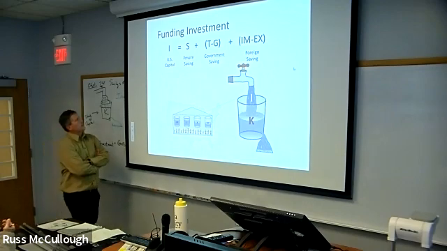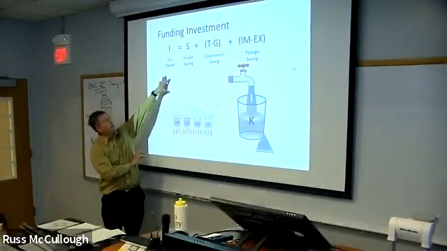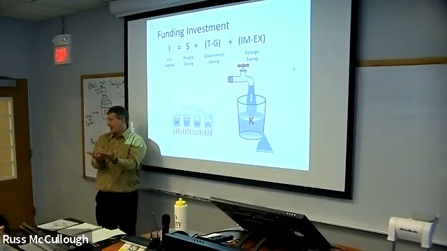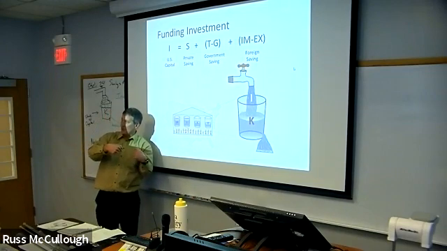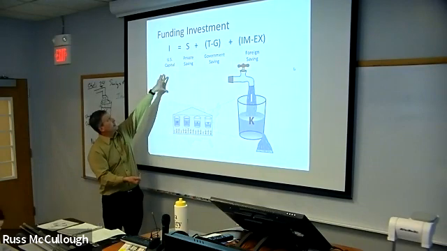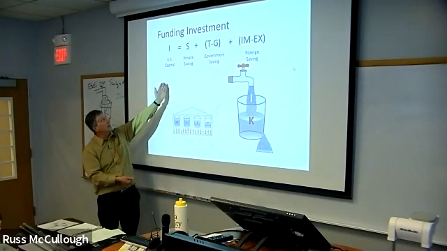So funding investment. The amount of money that we're doing with purchases has to come from savings of somebody else. Somebody chose to save some money in order for somebody to go and buy the tractor, right? So the amount of loanable funds, the amount of investment, has to have been derived from savings.